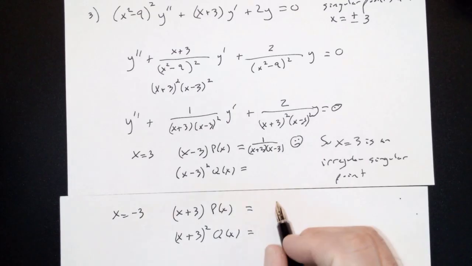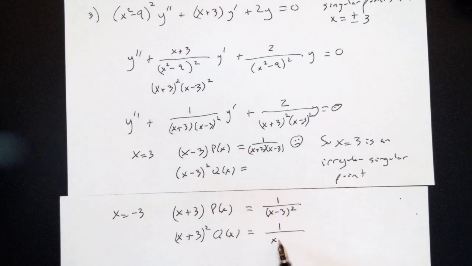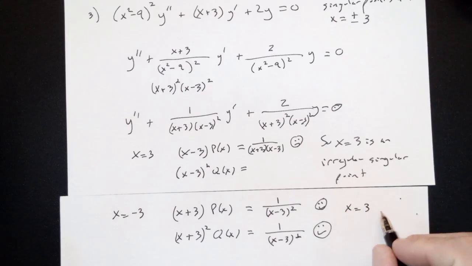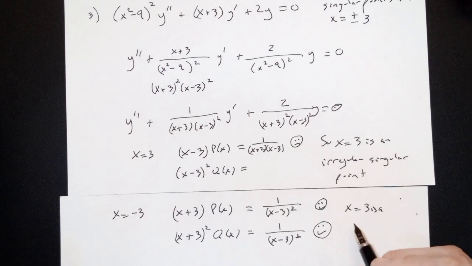Now, remember, we're looking at x equals -3. Are those okay at -3? Yeah, they're perfectly fine there. That's continuous at -3, which makes x equals -3 what kind of singular point? It's regular.